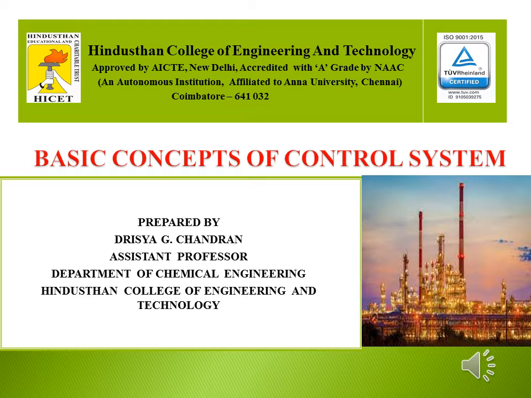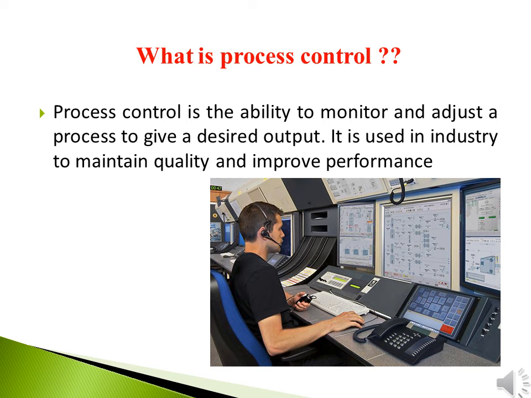So, in this video, today we are going to discuss the basic concepts of control system. Before moving to this topic, we want to know what process control is and for what purpose we use this process control in industry.